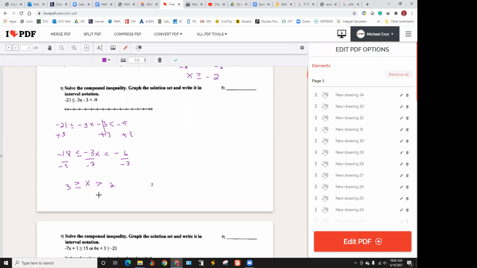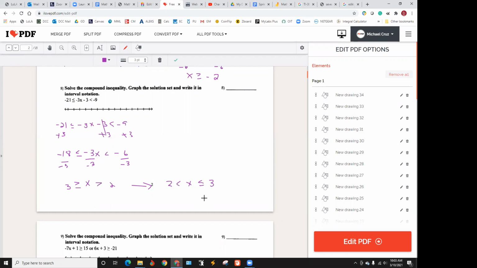Now, the problem is it's backwards, but if you got a little bit of imagination, sort of like a mirror image, essentially what this is, if we just kind of turn it around and keep the signs pointing, so the arrow is still going to be pointing towards the 2. And then the arrow is still going to be pointing towards the X. Now it's back like it should be.